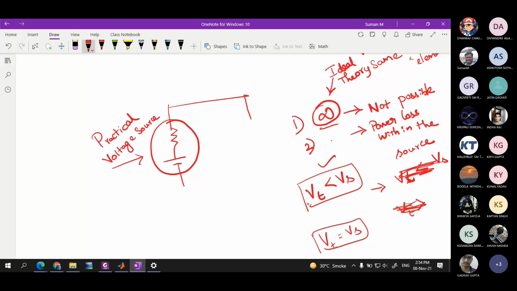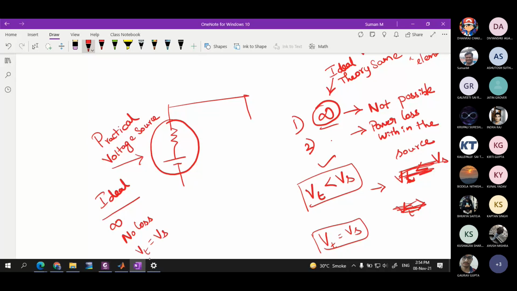This is the basic difference between the independent practical voltage source and the independent ideal voltage source. Okay, so for this voltage source, in the ideal condition and practical condition we have seen that for the ideal condition, we had infinite current and no power loss, and Vt is equal to Vs. Terminal voltage will be equal to the source voltage.